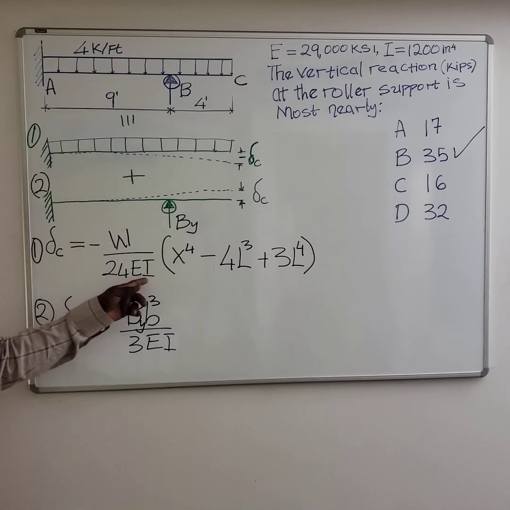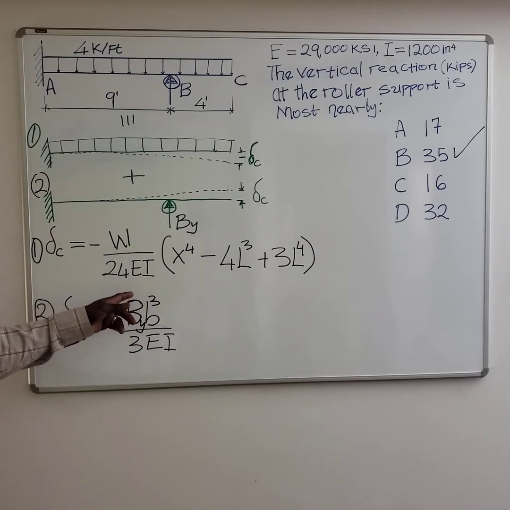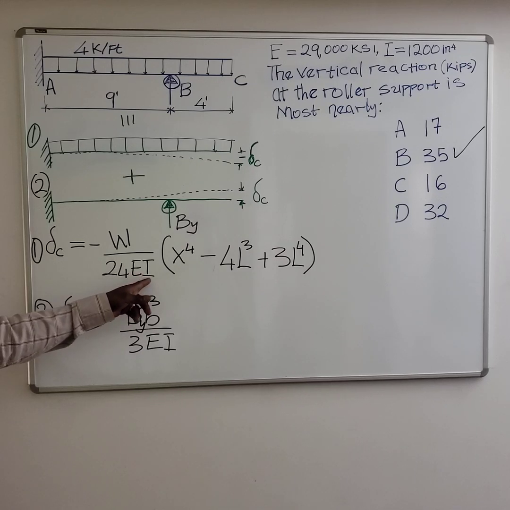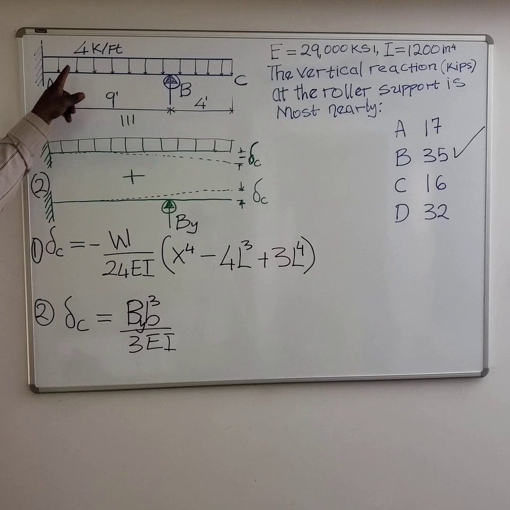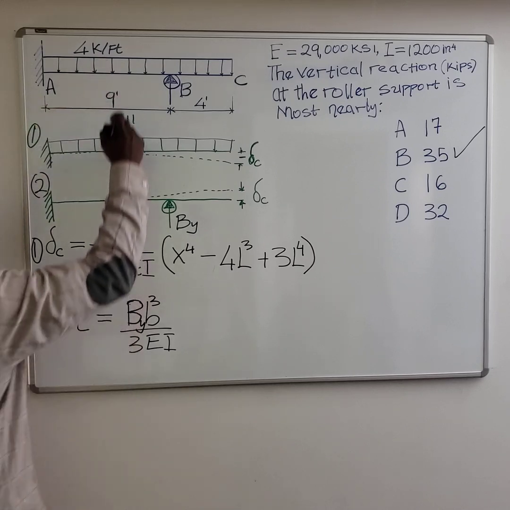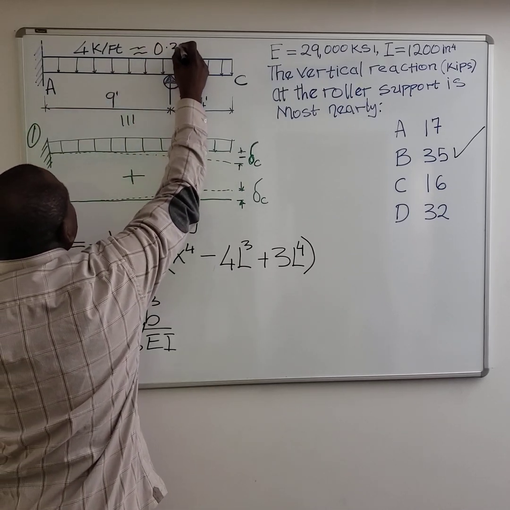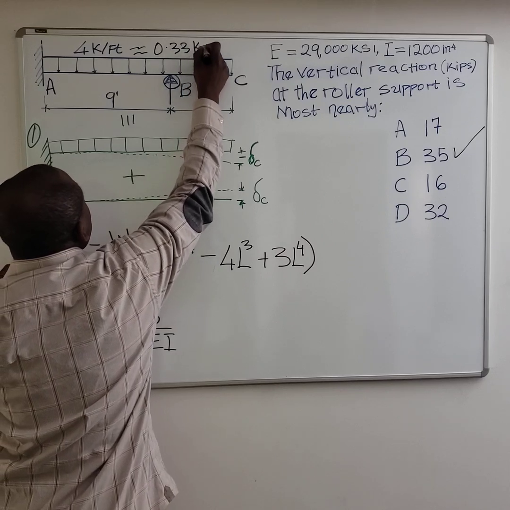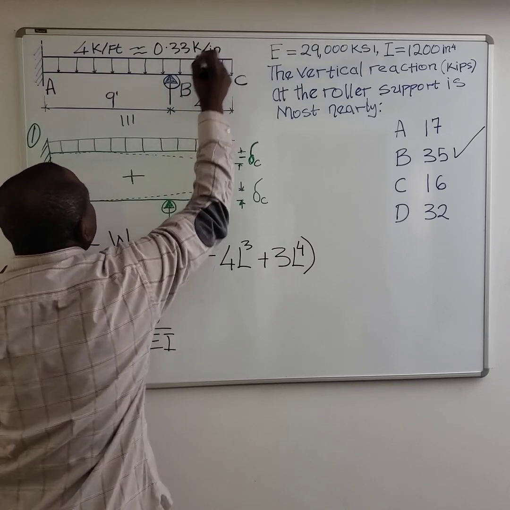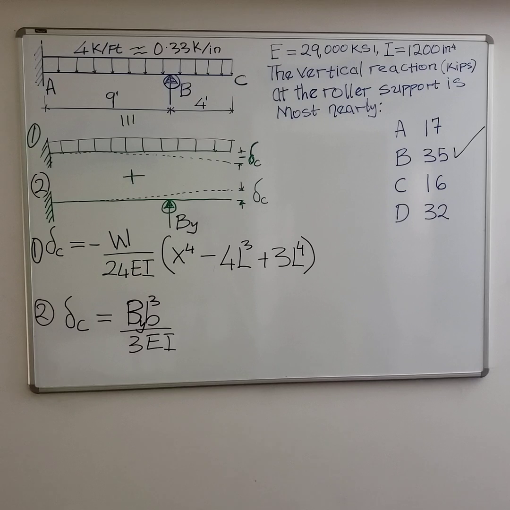Now, 4 kips per foot. All the parameters in these equations, you can convert to the same unit. This and this are already in units of inches, so you can convert this and the length to inches. When you convert this to inches, it becomes 0.33 cubic inch.